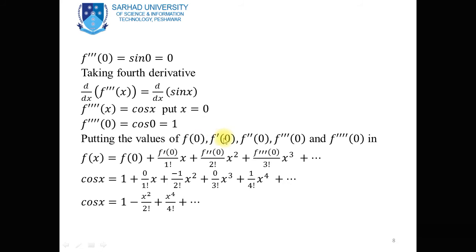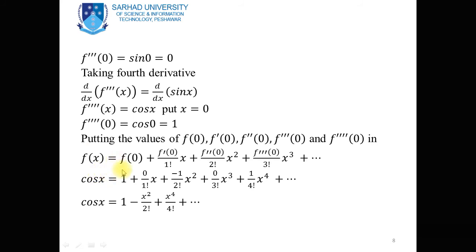This is the first order derivative of the function at x is equal to 0. This is the second order derivative of the function at x is equal to 0, this is the third order derivative at x is equal to 0, and this is the fourth order derivative of the function at x is equal to 0. So putting all these values in this Maclaurin series, f of x is the given function. f of x is equal to cos x.